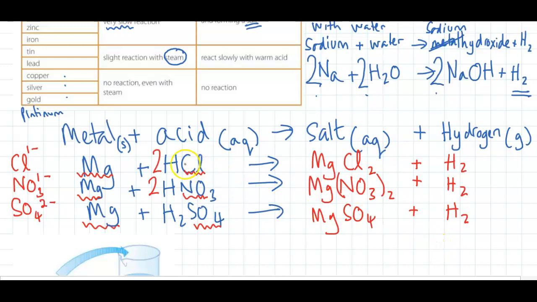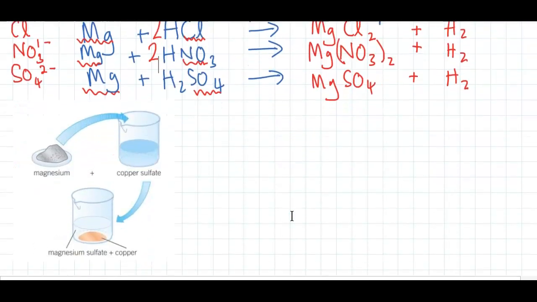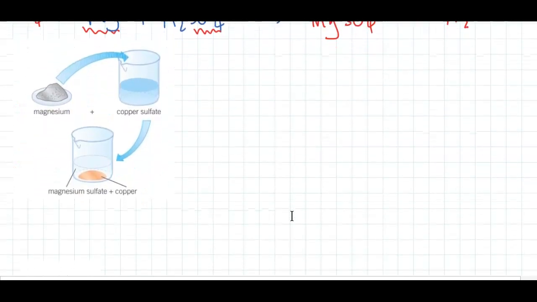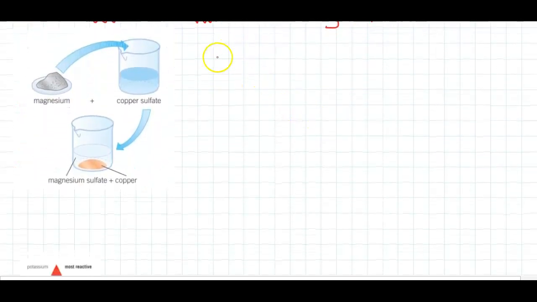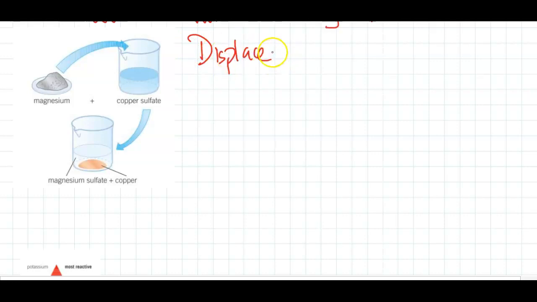Metals on their own react with oxygen, they react with water, they react with acids to varying degrees, and we use the comparison of those reactions to put together this reactivity series. The second thing about reactions of metals is what's shown in this diagram here, which is called a displacement reaction.